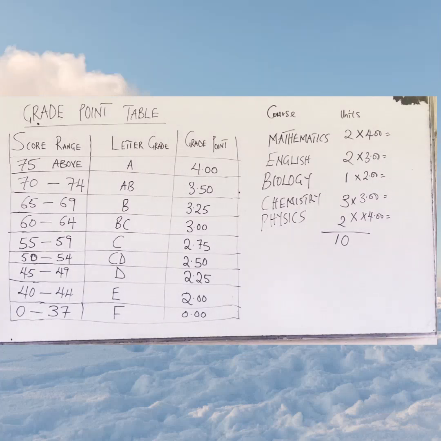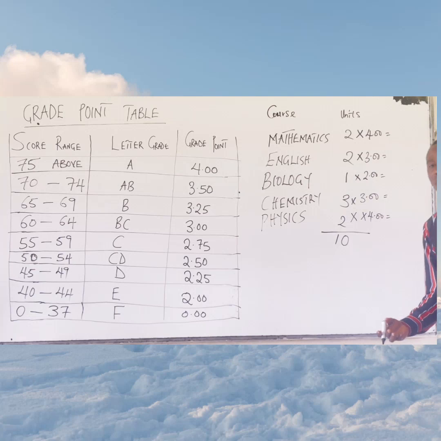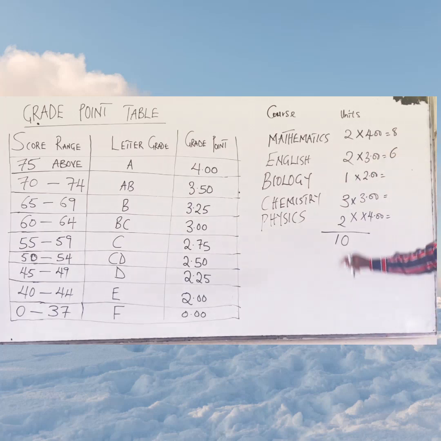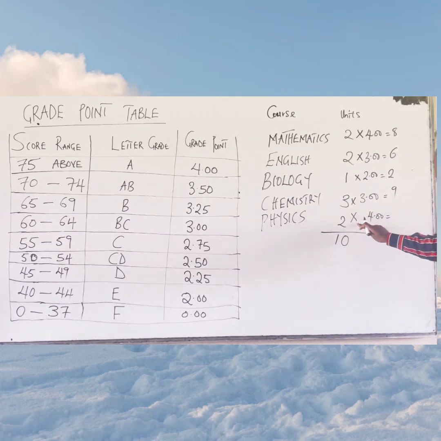What will you now do next? The next thing to be done is to multiply. 2 times 4 will give us 8. 2 times 3 will give us 6. 1 times 2 will give us 2. 3 times 3 will give us 9. 2 times 4 will give us 8.